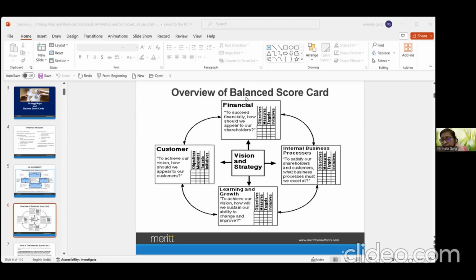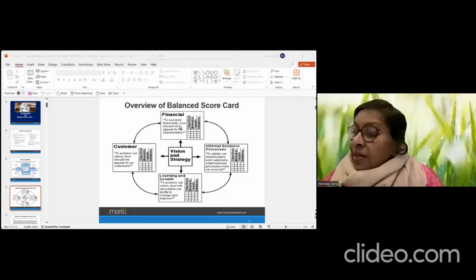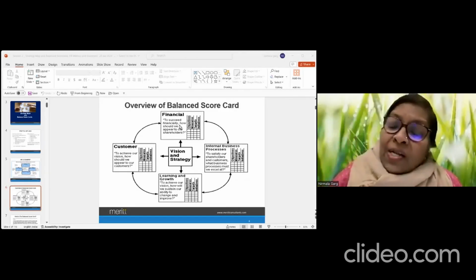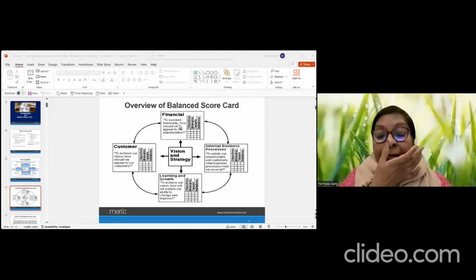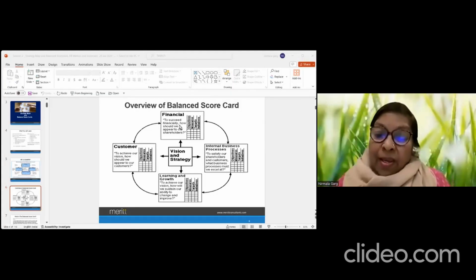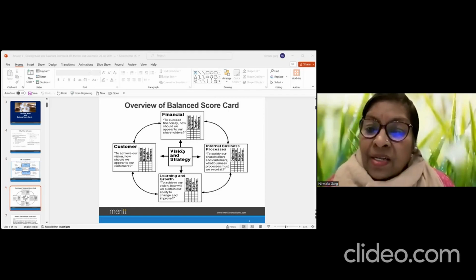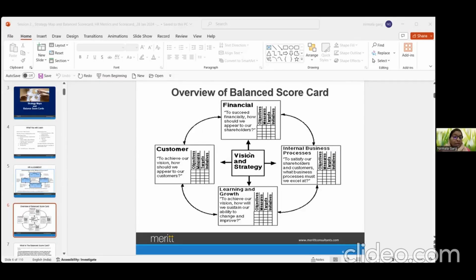Are you getting me, guys? Yes, ma'am. Okay. So now when we talk about this balanced scorecard, how does it work in an organization? And what does it have to do with my HR analytics? A balanced scorecard doesn't happen in the air.